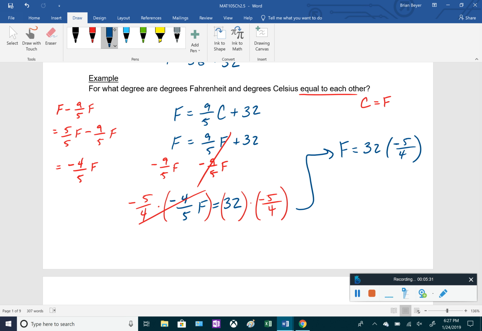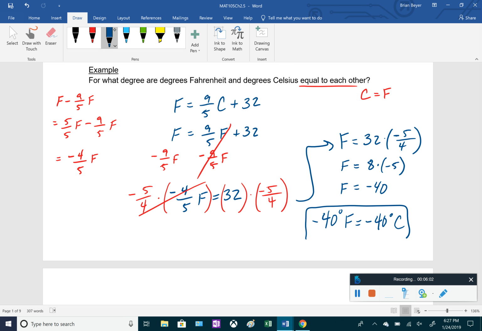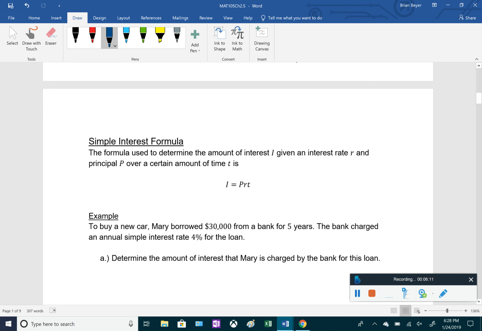I'm going to use that trick that I was using before. 32 divided by 4 is 8, times -5. So 8 times -5 is -40. What that means is that -40 degrees Fahrenheit equals -40 degrees Celsius. So it's actually pretty cool.